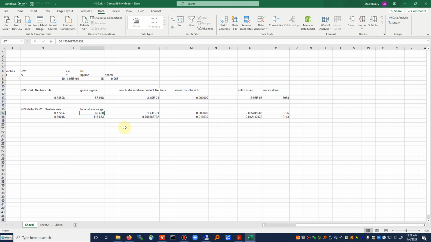A corresponding strain range, let me label that over here, of 5706. So that's my delta epsilon.